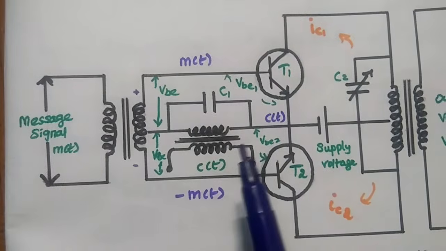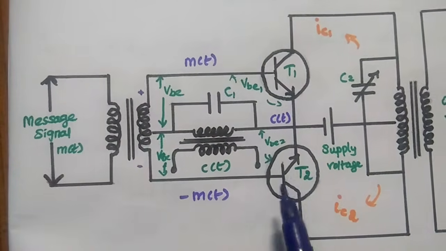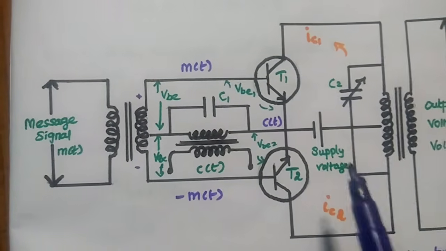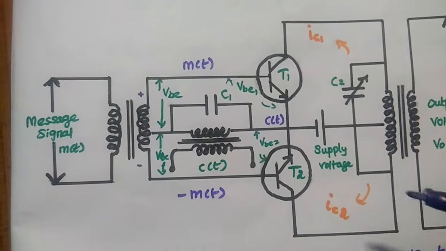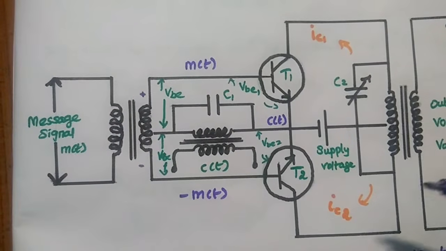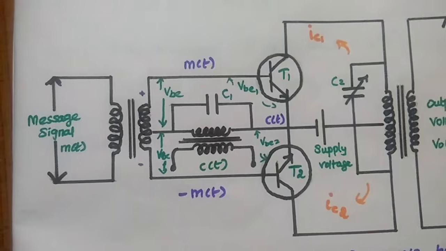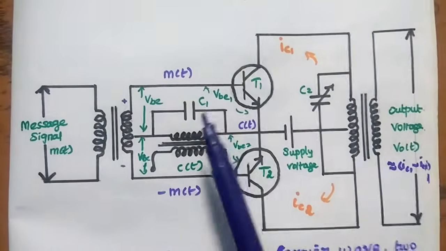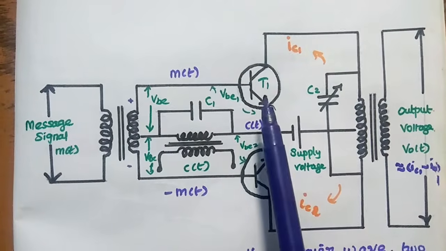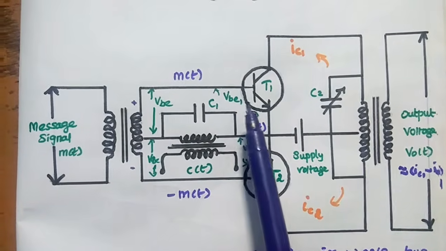The carrier signal is given to both the transistors as such. So here we are going to use the nonlinearity property of the transistors to suppress the carrier wave. In this circuit, the input voltage to the transistor 1 is VBE1.